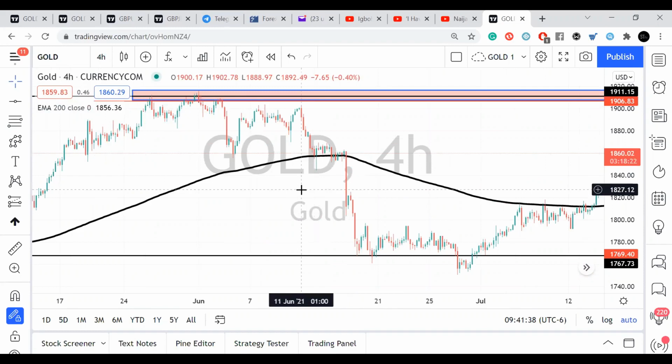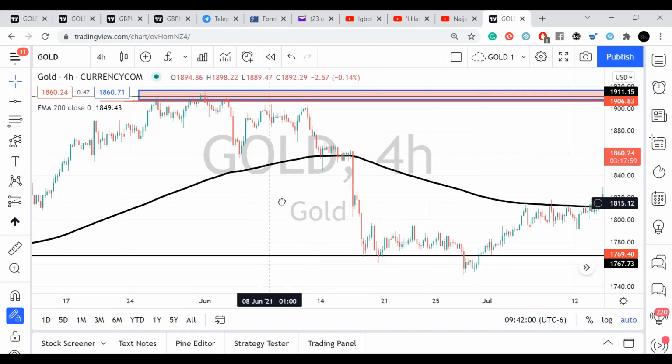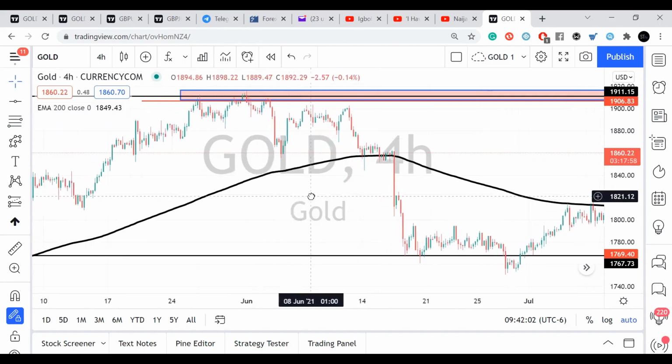If you want to hold it until you get a small profit, the best time to enter a sell may be during the Asian session. But it's on you. Me, I'm on sell and I'm holding it. I'm not buying. Even though I'm in a drawdown, I'm not closing it.